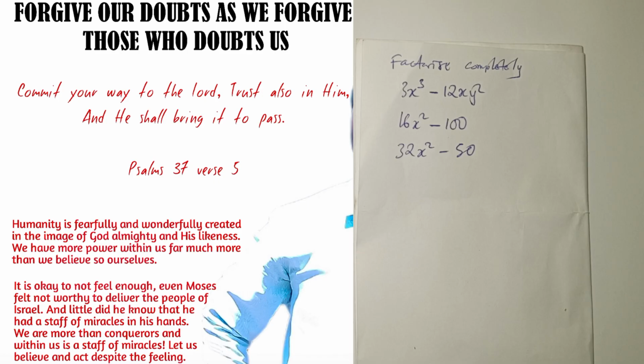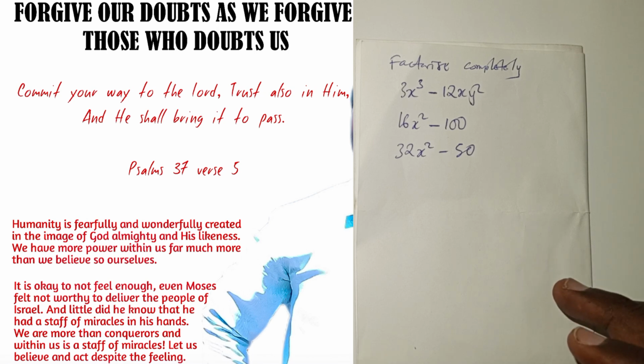There are many types of factorization, or many ways we can factorize expressions. According to these questions, there are only two concepts that can be applied. The first concept is factorization by common factor. So let's talk about factorization.